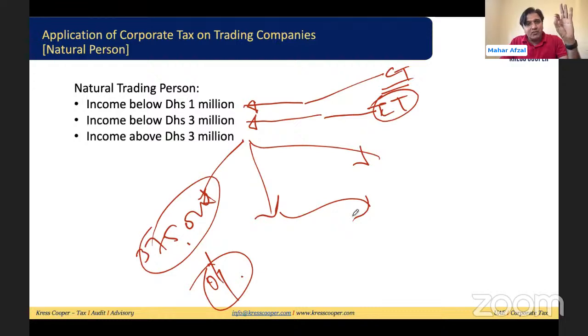If the income is up to 1 million, out of the scope. If the income up to 3 million, they are not subject to corporate tax. They will not be liable to pay any corporate tax by the end of 2026. But if the taxable annual income is more than 3 million dirham, 0% up to 375,000, more than 375,000, 9% corporate tax will be applicable.